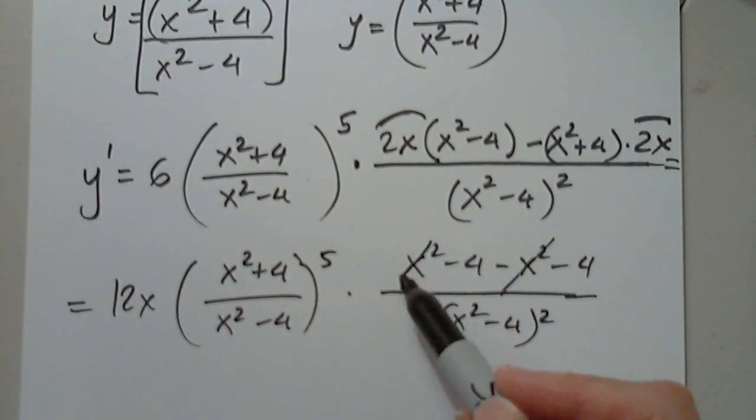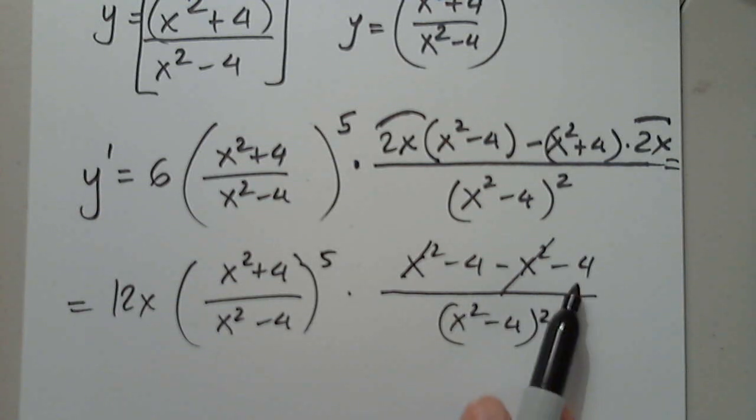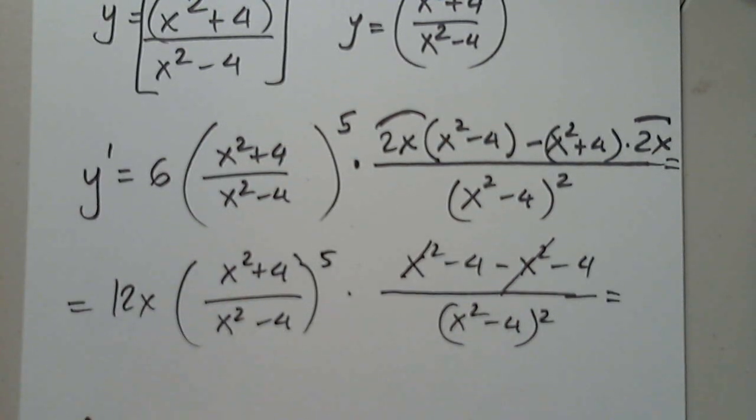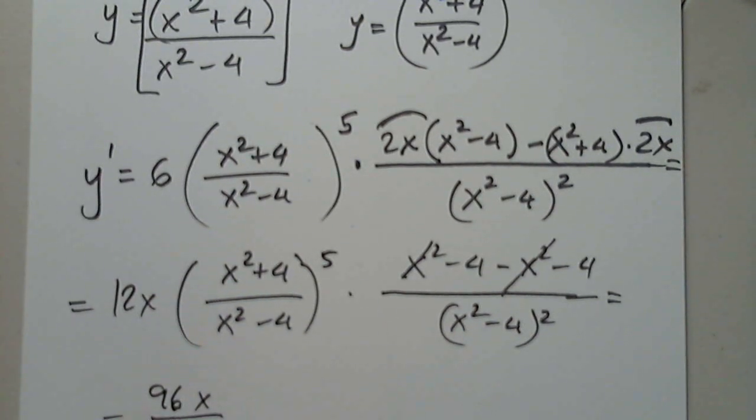Luckily, these two go away. Negative 4 times 12x becomes, I'm sorry, negative 8. Negative 8 times 12x is negative 96x divided by this x squared minus 4 squared.